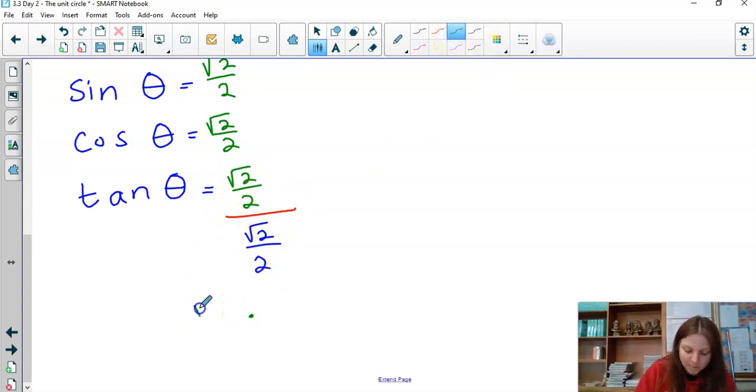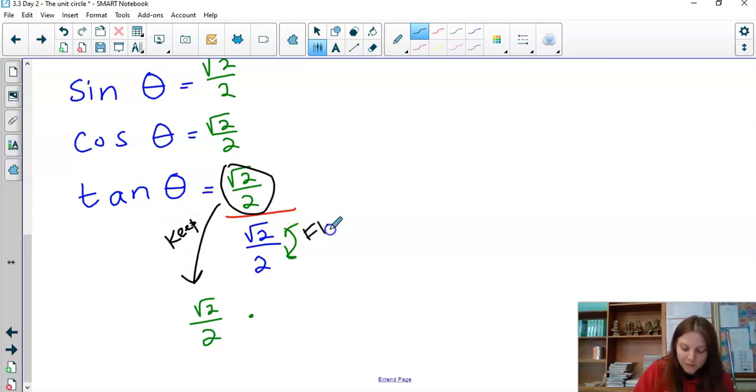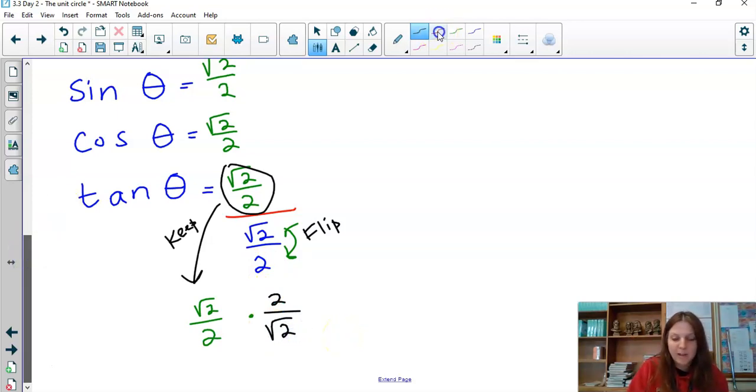Keep the top, flip the bottom. So this one I'm flipping. If it helps you, you can put a little note to yourself that you're keeping this and you flip that bottom fraction. So instead of square root of 2 over 2, it's going to be 2 over square root of 2. Now, think about whether you can simplify this.